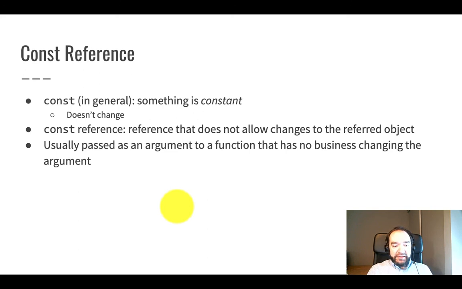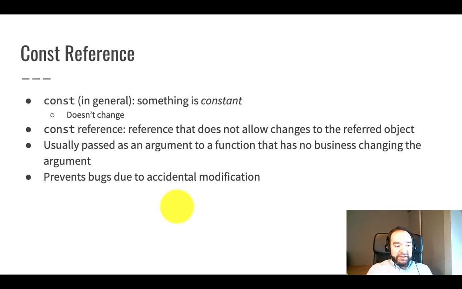This is usually passed as an argument to a function that has no business changing the argument. So if you have a function that needs to look at a particular object but doesn't really have a need to change it, we often pass that reference as a const reference. This is just to be safe because it rules out accidentally modifying objects.